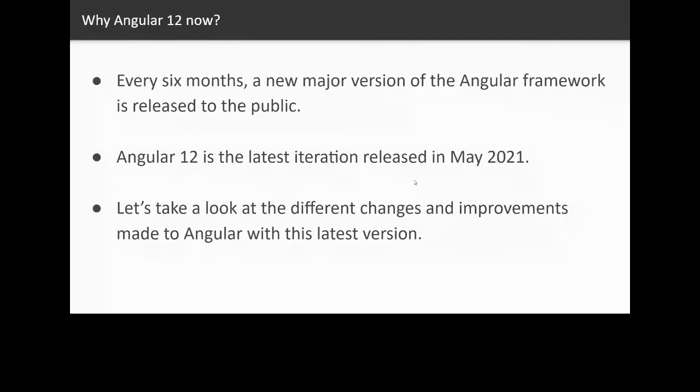It was released mid-May 2021, which means that 6 months from May, so October, November, we are going to get Angular 13, and then 6 months later, Angular 14 in 2022. During this talk, we are going to take a look at the different changes and improvements made to Angular with this latest version.